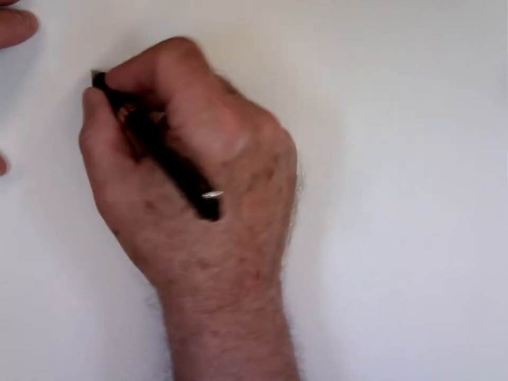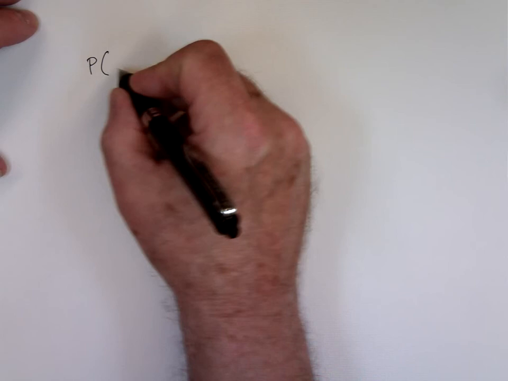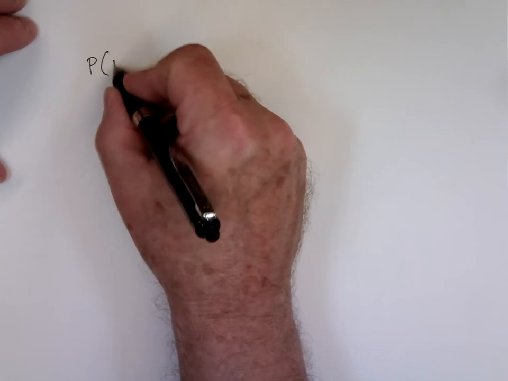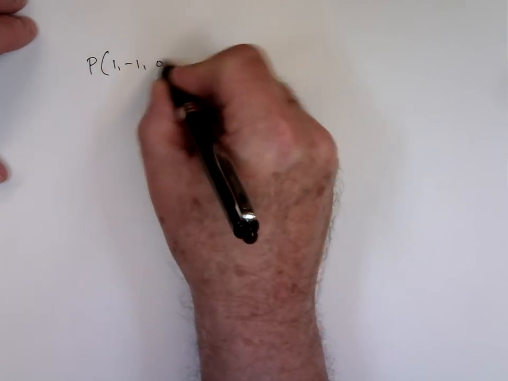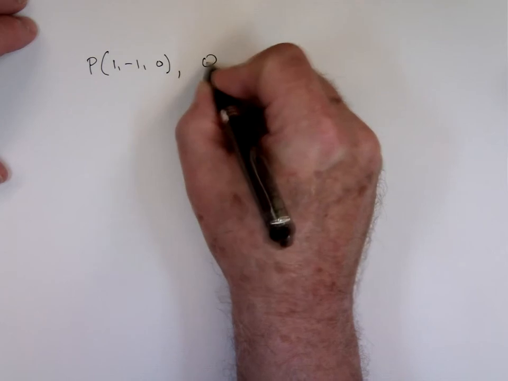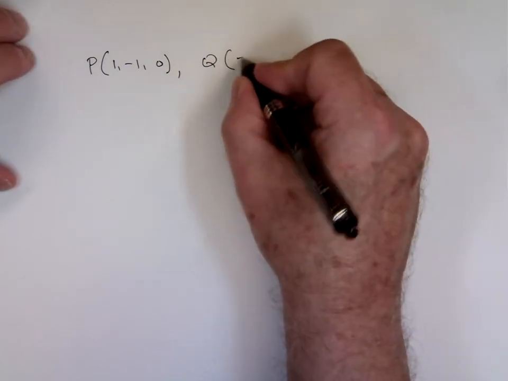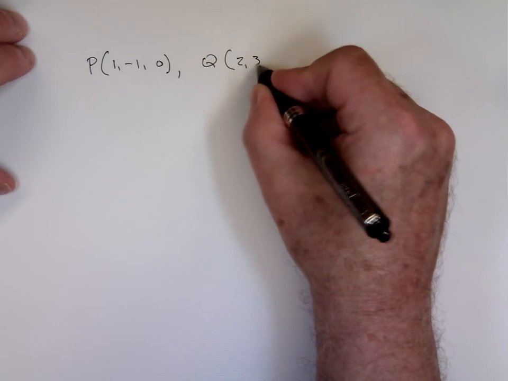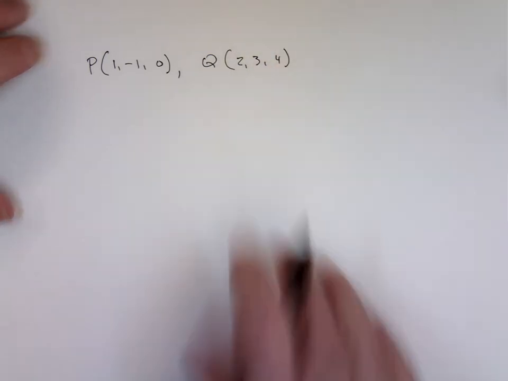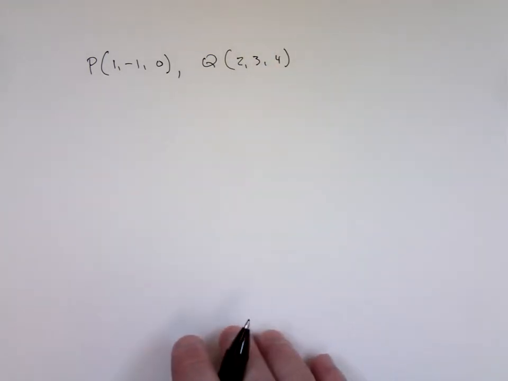We're going to be given some points in space. Two points in space. Here's two points in space. What we want to do is find the equation of the line in space through these two points.